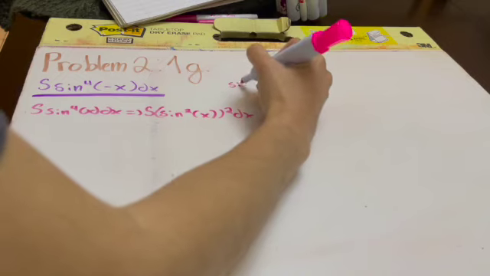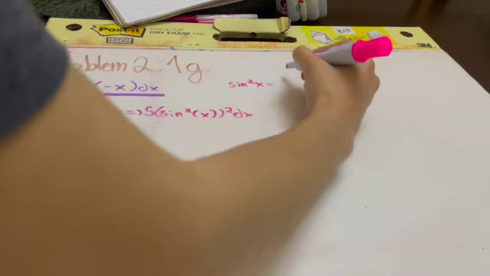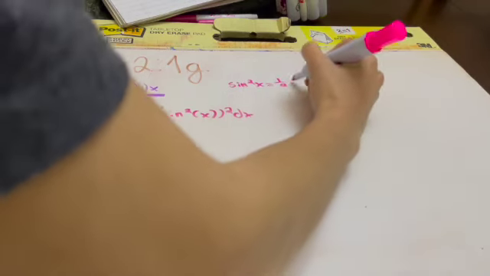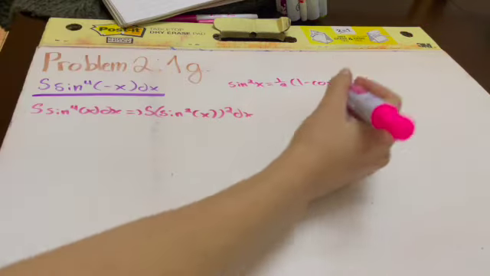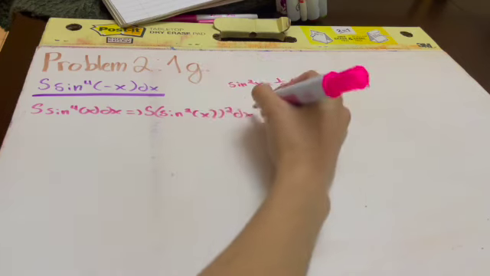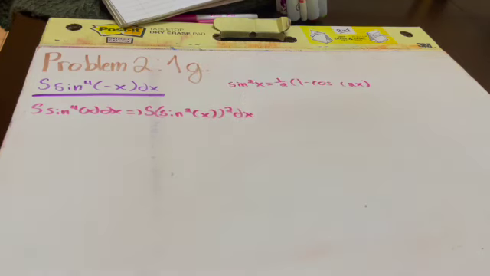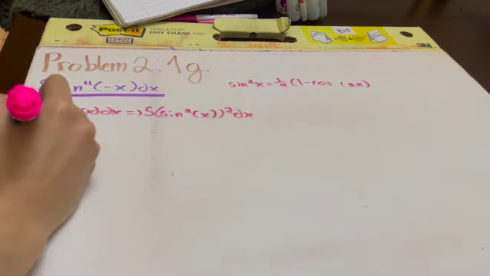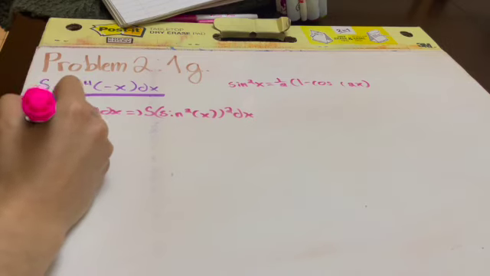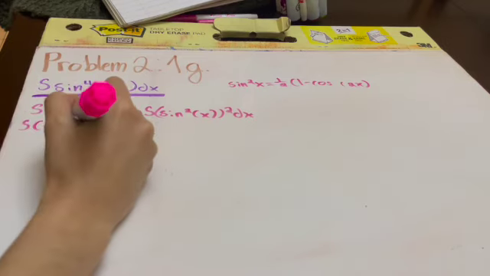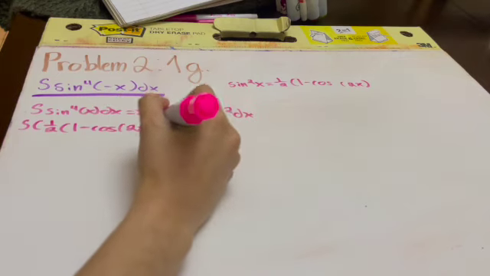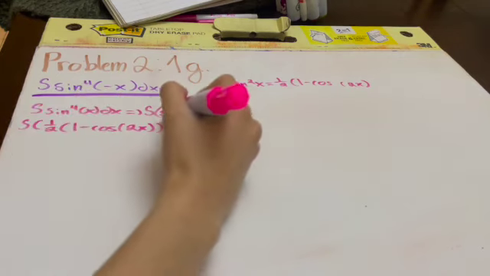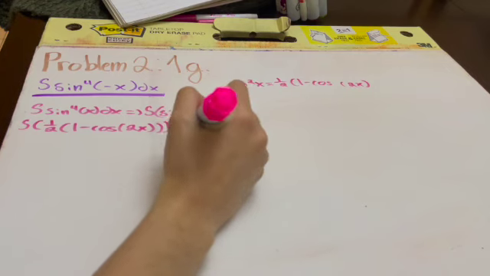So we know that sine squared x equals 1/2 times 1 minus cosine 2x. And by the 2, that means it's doubled, not that it's just 2 of that. So then we have 1/2 (1 minus cosine 2 of x), and all that squared, dx.